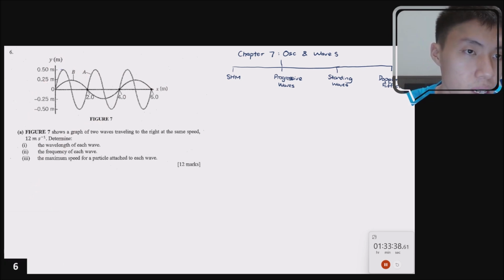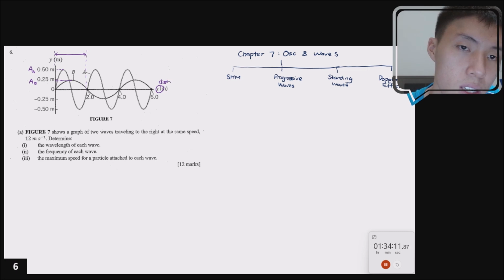From here, the y-axis will let you know the amplitude of wave A. The amplitude over here will show you the amplitude of wave B. Next, for one complete cycle of wave, one complete cycle over here, this is distance.